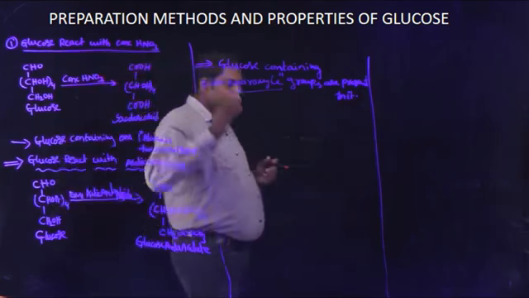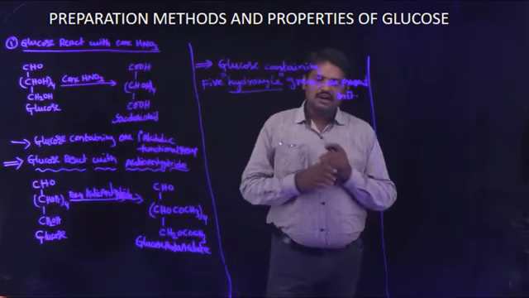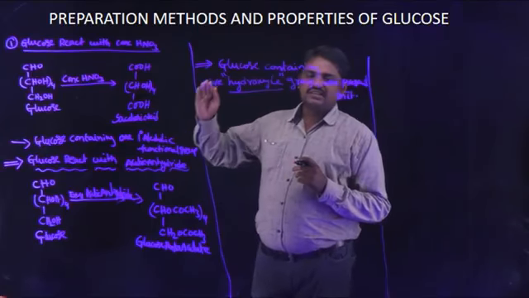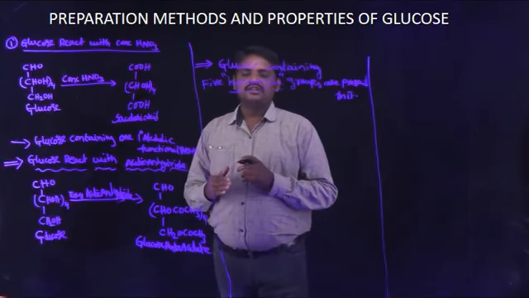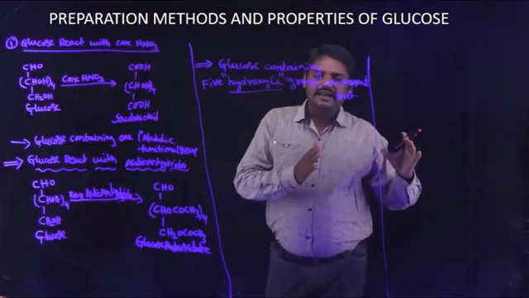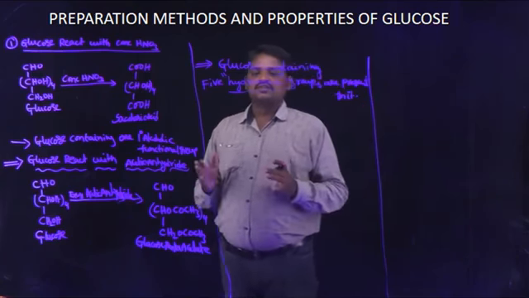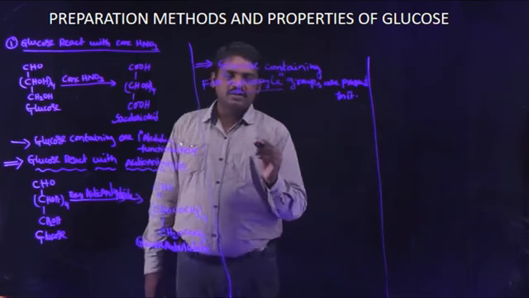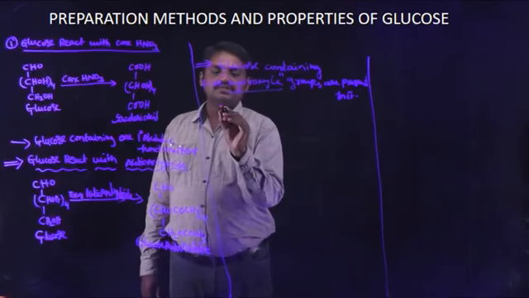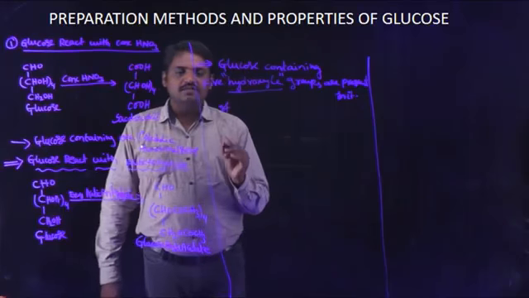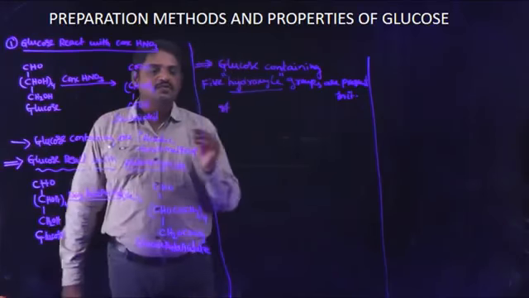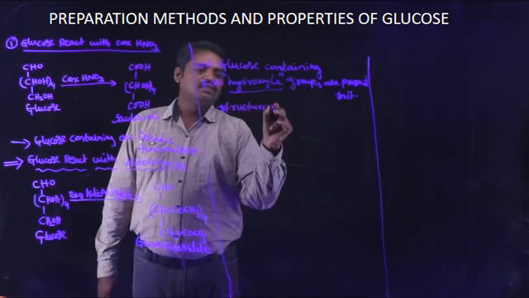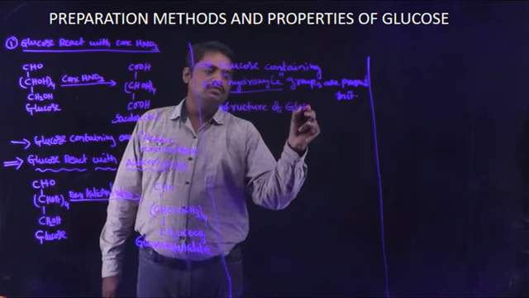Okay, the previous properties: first, glucose reacts with concentrated HI and is converted to n-hexane. That point is based on glucose containing 6 carbon atoms. These properties are used to identify the structure of glucose.